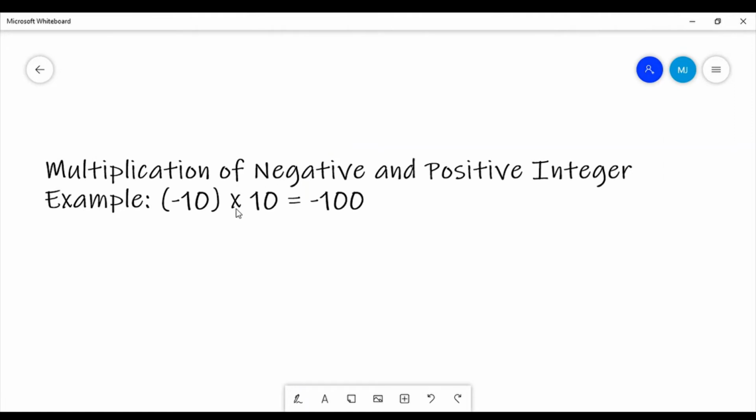For instance, negative 10 times 10. So here, we multiply negative 10 to positive 10. Therefore, we got negative 100. Again, in multiplication of negative and positive integer, multiply the two number and then the sign of the result will be negative.